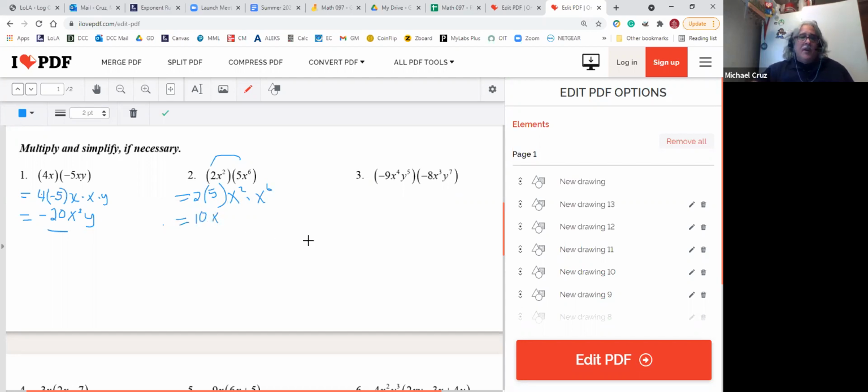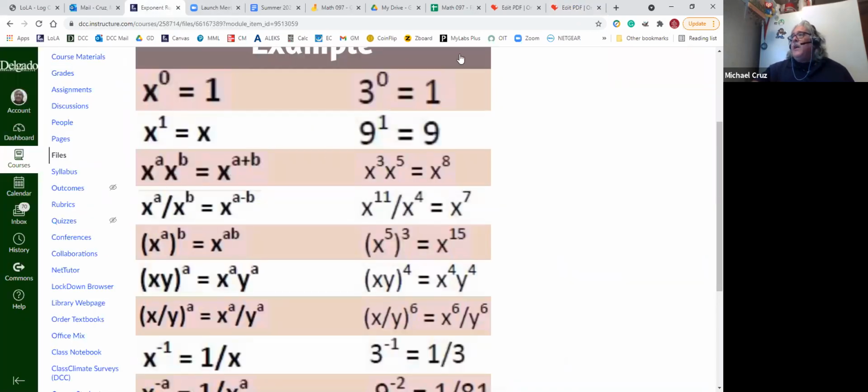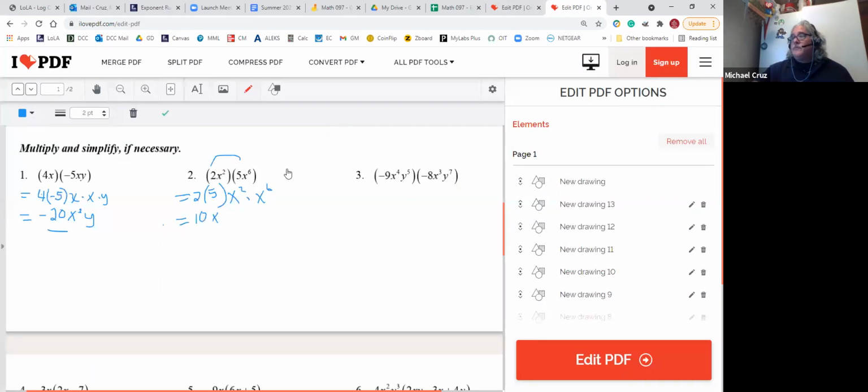Now, just to show you, because I think some people missed Thursday when we went over this rule, you add 2 plus 6. That's really the only thing that's new here. All the other rules in mathematics are still the same.